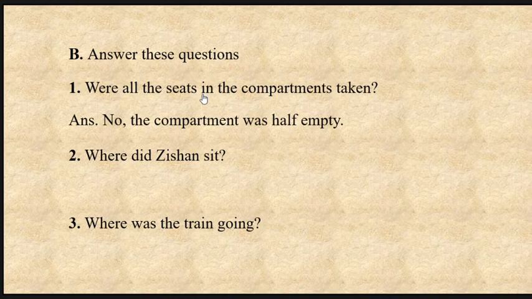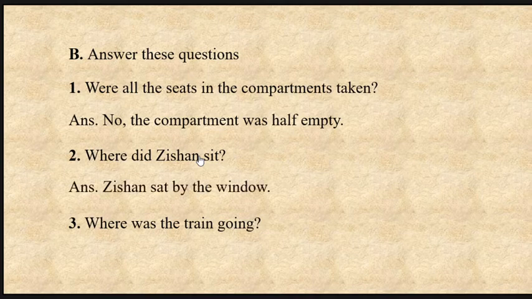Now we will move on to question number 2: where did Zishan sit? I hope you are writing down the answer, or matching it with your understanding. This is very easy. Where did Zishan sit? Zishan sat by the window.